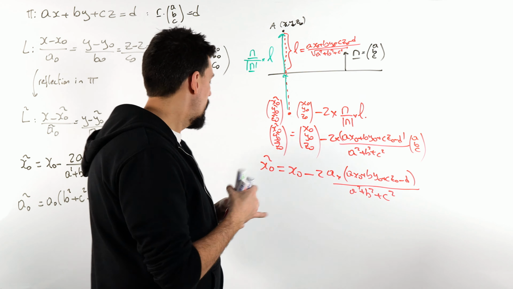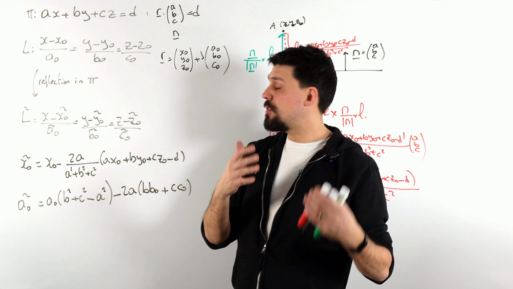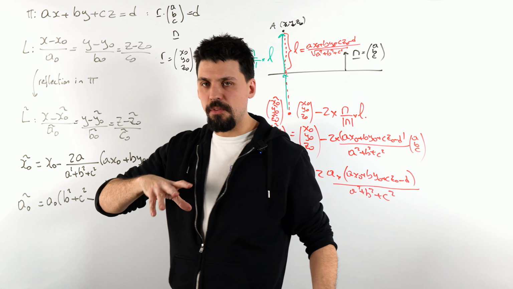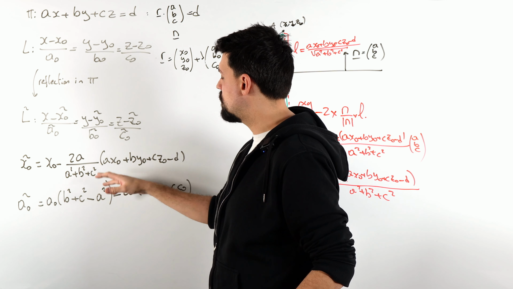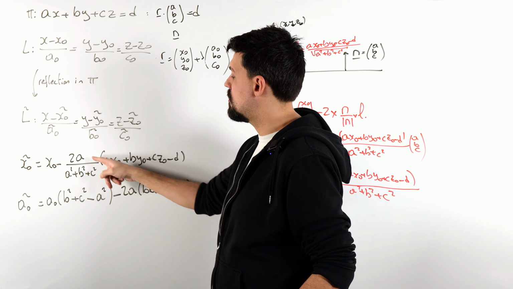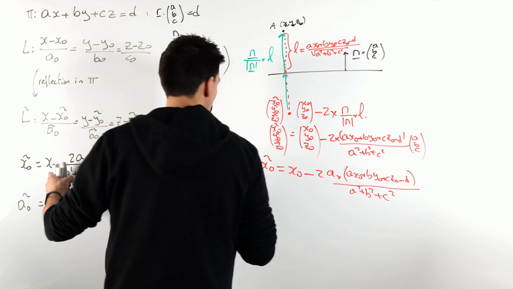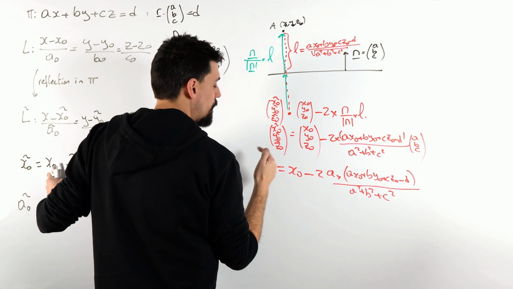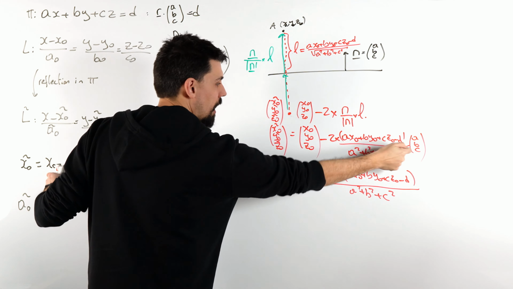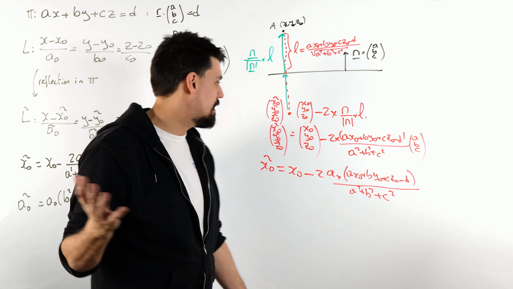Okay? And if you go look at the actual full question breakdown, either at the start of the video, pause it, or go check it out on Reddit, you will see that we have similar results for this. If you want it for y0 tilde, you get a y0 and you get a b. If you want it for z0 tilde, you get a z0 and you get a c. Nice and easy.